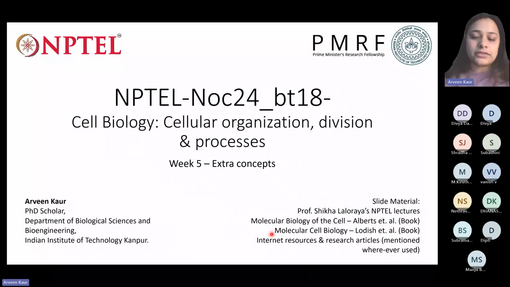And the eighth edition of the other book, Molecular Cell Biology by Lodish et al. Also, there are some internet resources and research articles, which are mentioned wherever they have been used, like I did in my PYQ session, right?